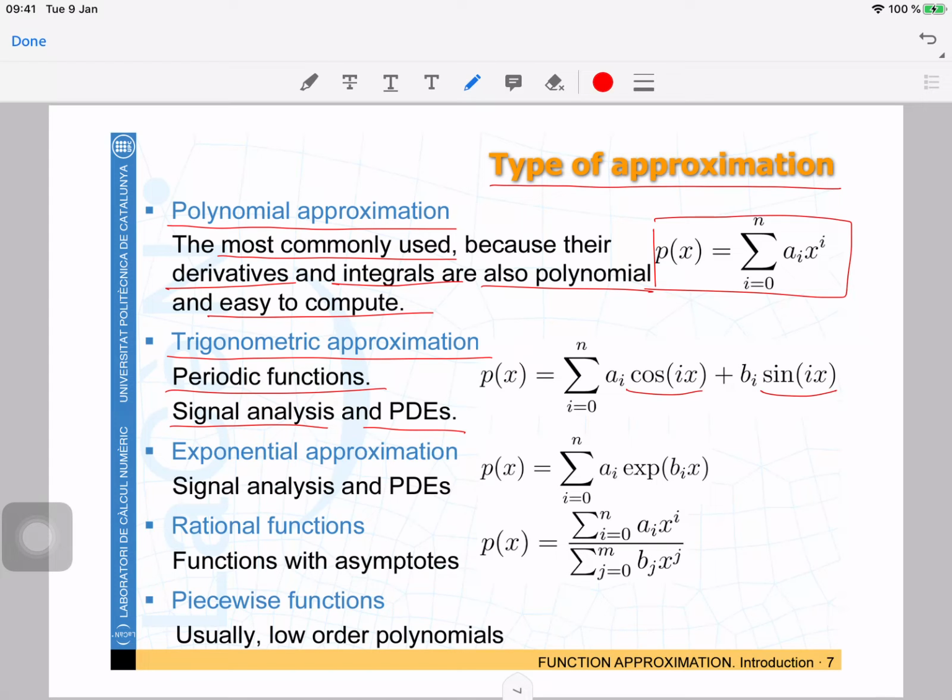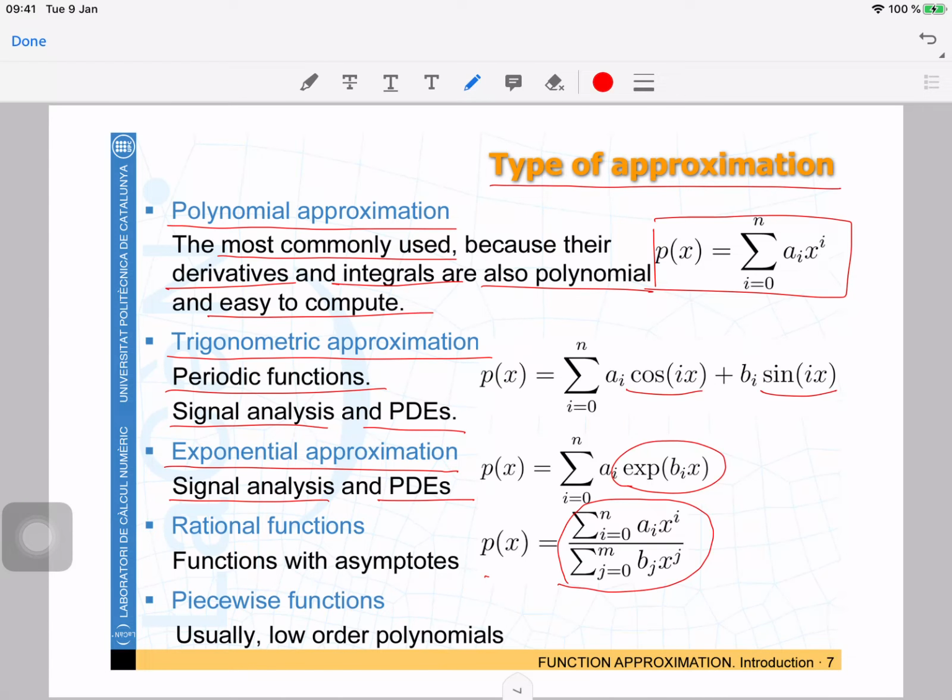We have also exponential approximation based on exponential terms, used in signal analysis and also PDEs.